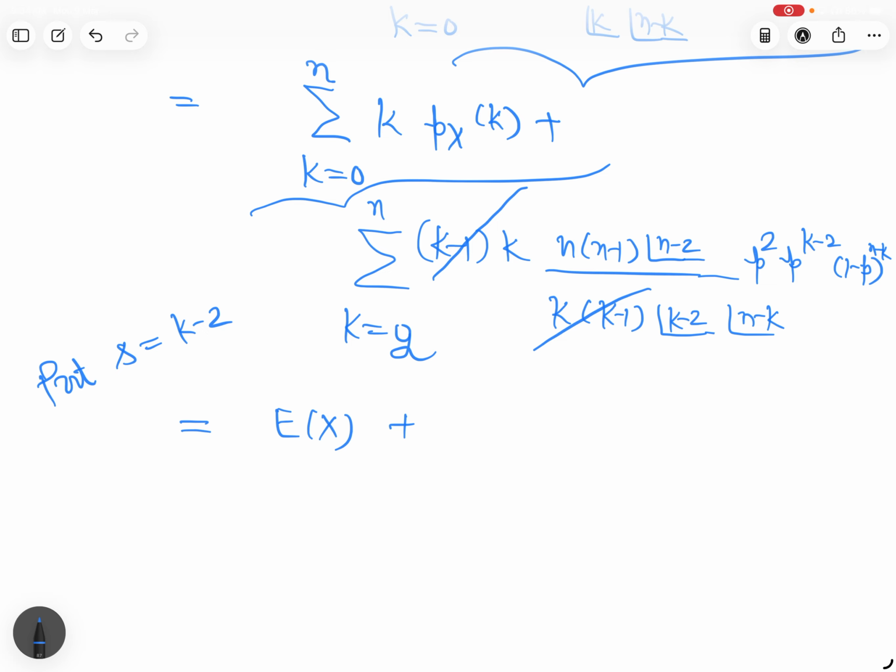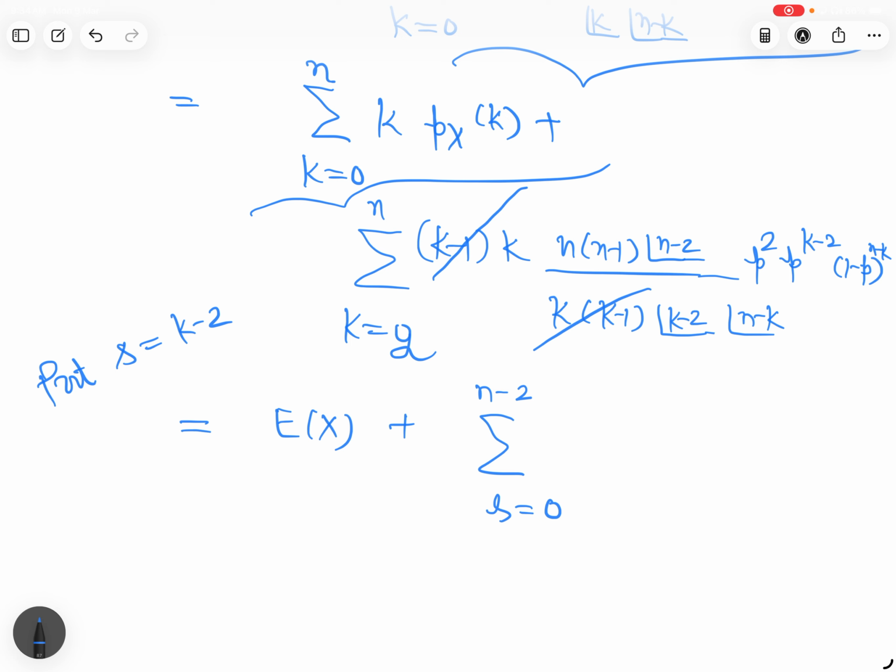Then what will the limit of s be? s goes from 0 to n minus 2. Put the limit: the limit of s is 0 if k is equal to 2, and the limit of s is n minus 2 if k is equal to n.